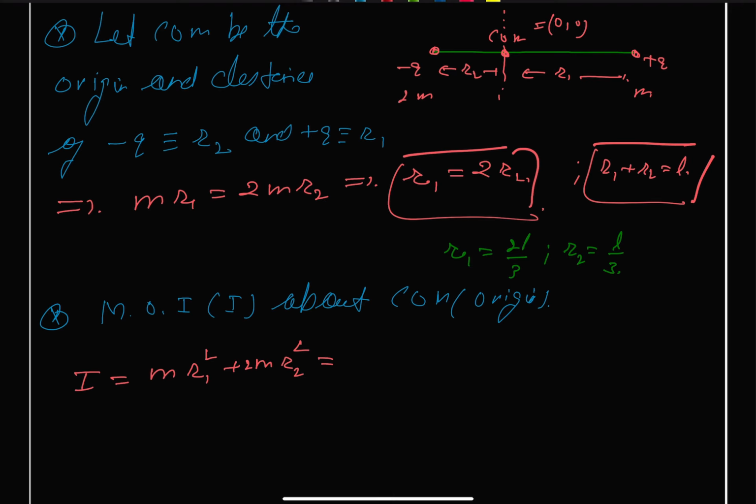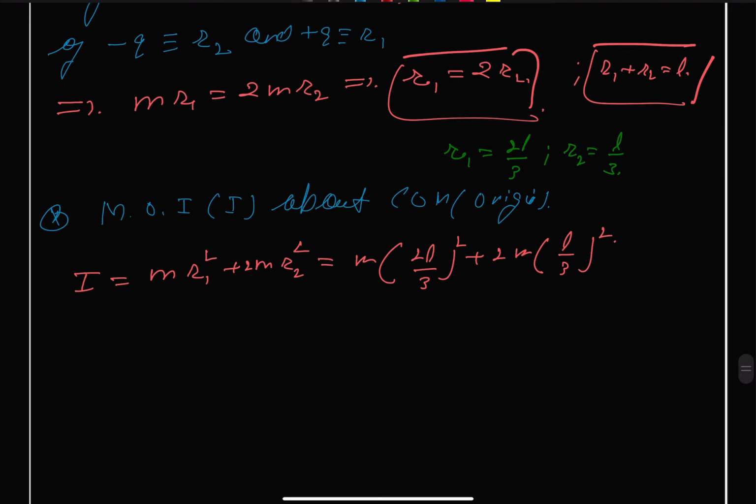We get m times (2L by 3) whole square plus twice m times (L by 3) whole square. Yes, R1 is 2L by 3 and R2 is L by 3. It's correct.